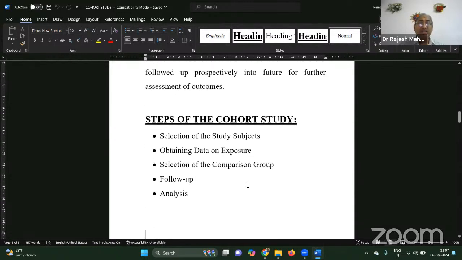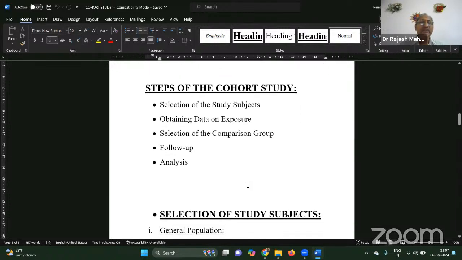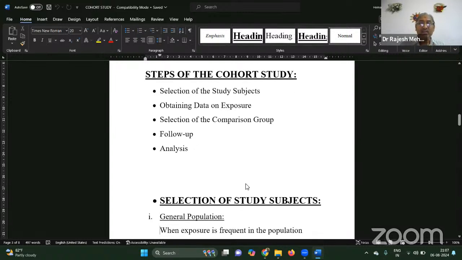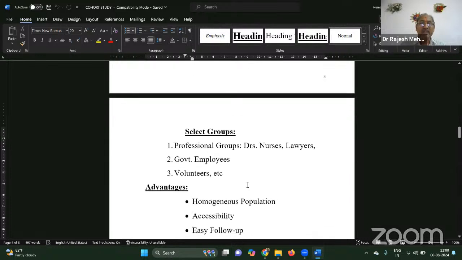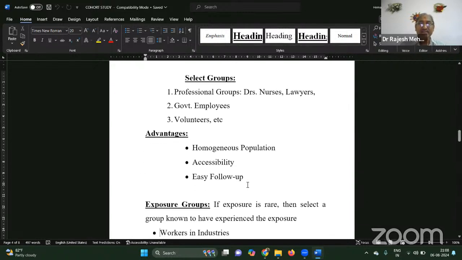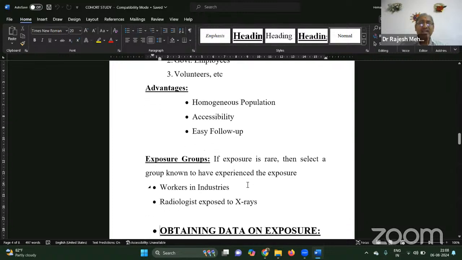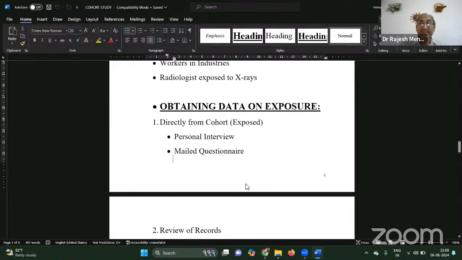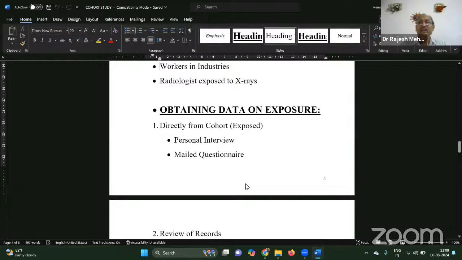Now here we are selecting the study subjects, exposed or not exposed, and then we find out during follow-up whether the disease outcome is there or not. Groups could be a student group, employee group, volunteers. Then there is industry or occupation, for example sugarcane workers versus gully tap workers, sewage workers.